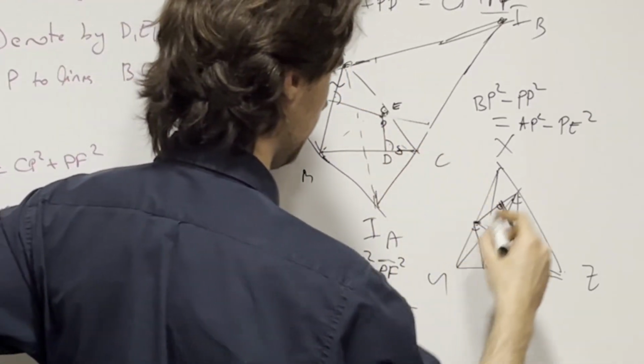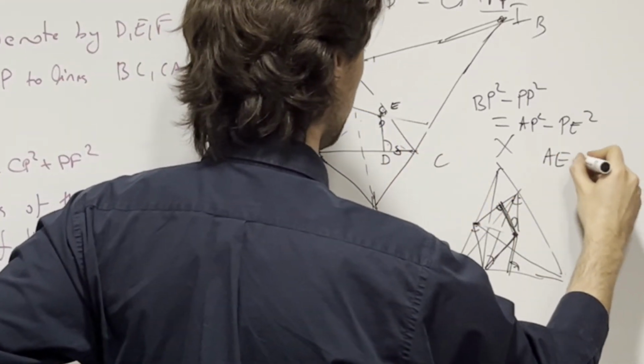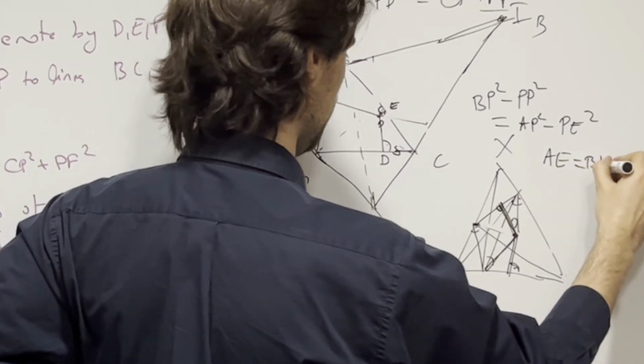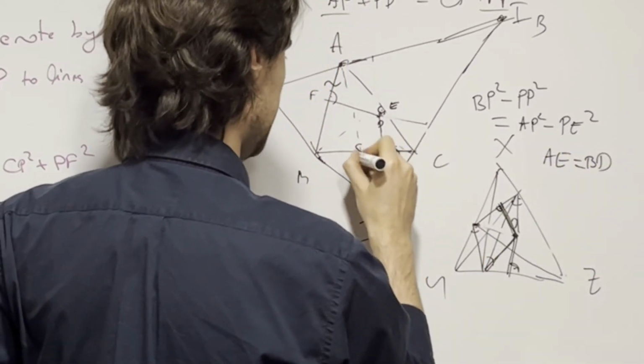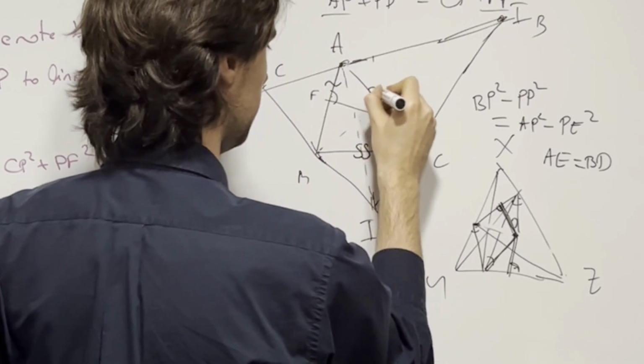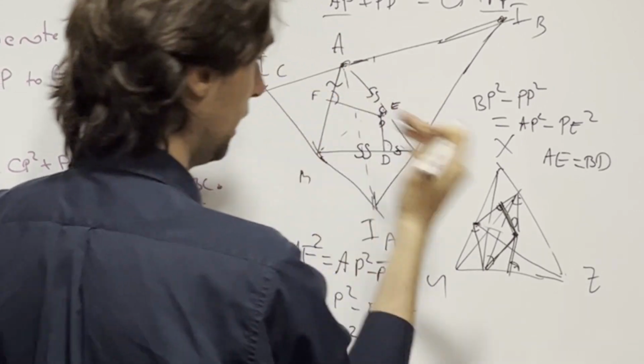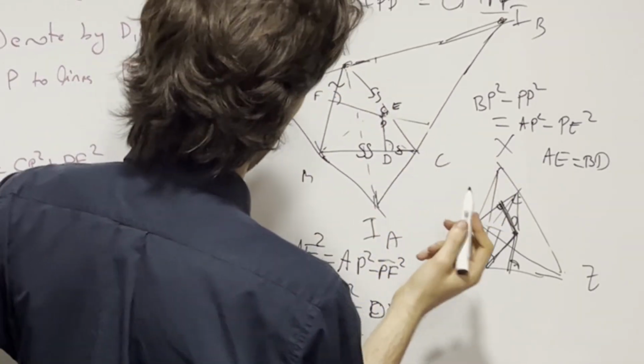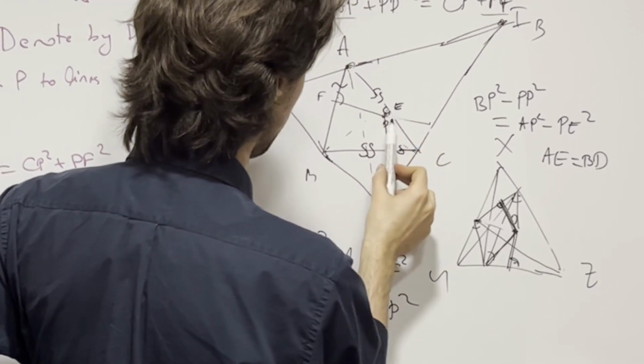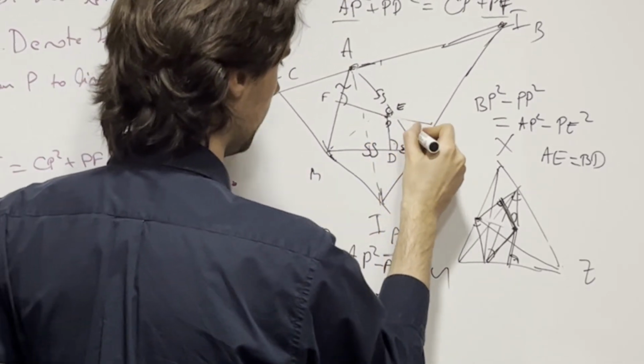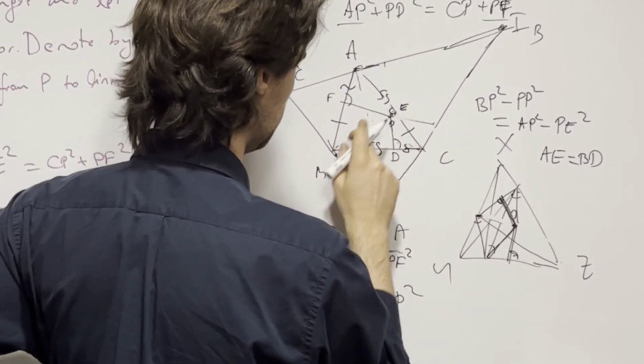And that means that AE is equal to BD. So I have this right here is equal to this right here. And also I should get that once I combine these two, then I'll get this is the same as this.